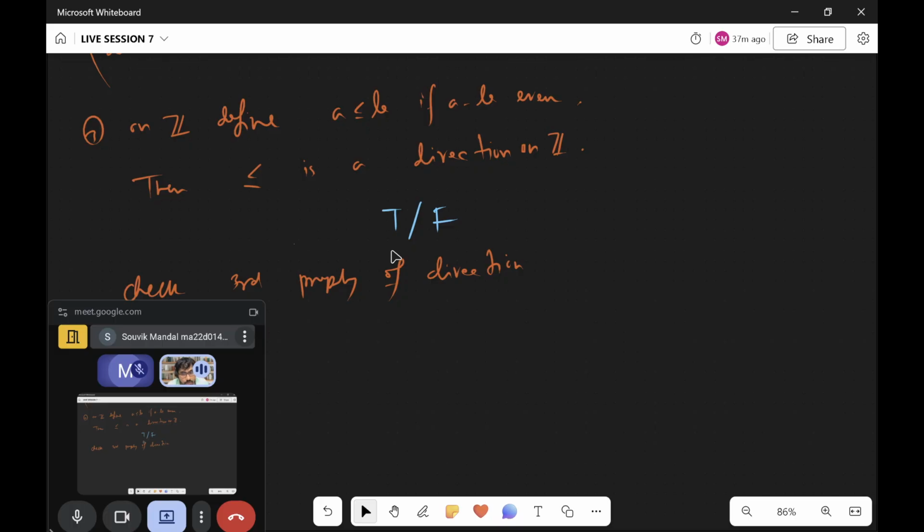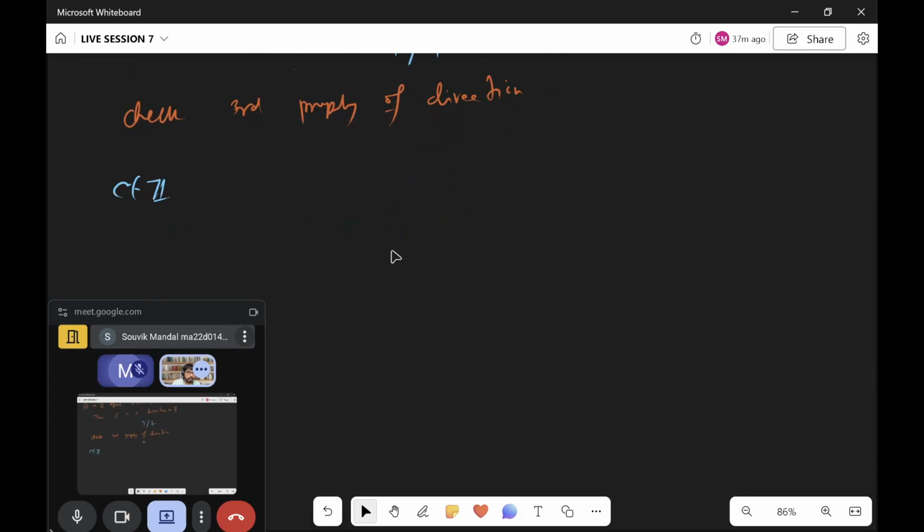Okay, so the trick is as follows. Choose some C belonging to Z. Now, the point is that for 2 and 3, we cannot find C such that 2 less than or equal to C and 3 less than or equal to C. Why?